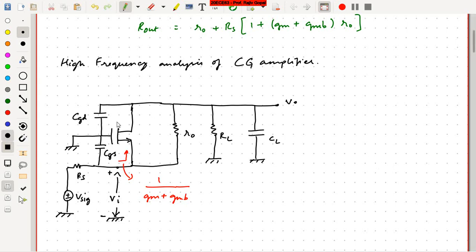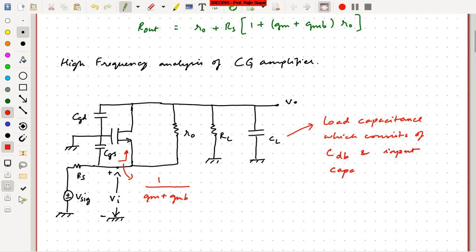Here CL is the load capacitance, which consists of CDB, the drain to body capacitance, and the input capacitance of the next cascaded stage.